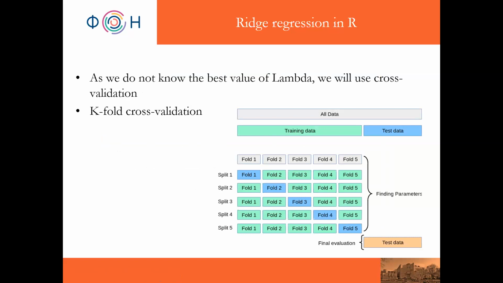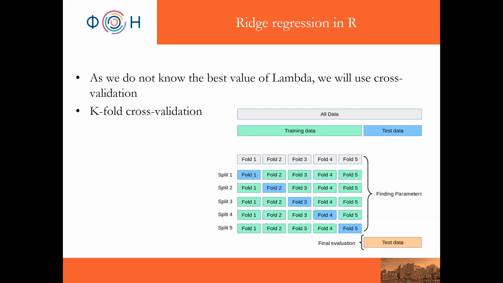Okay, so as we do not know what the best value of our lambda is, we will use cross-validation. Cross-validation is going to help us find the best value of our lambda. So how does cross-validation work? We have all our data. All our data is going to be divided into training data and test data.